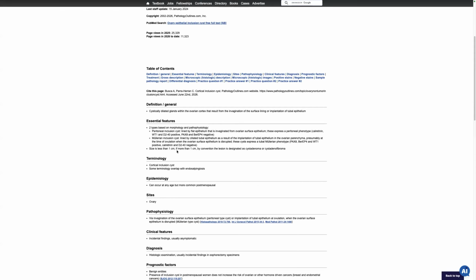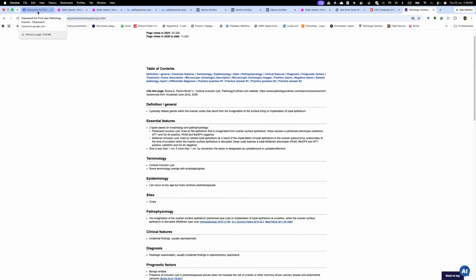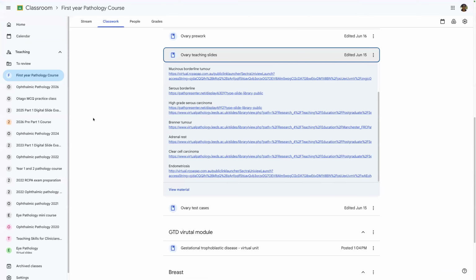If it's less than 1 centimeter and it's a Mullerian inclusion cyst with the cilia, then we just call it a Mullerian inclusion cyst. If it is more than 1 centimeter, we call it a cystadenoma, or a cystadenofibroma if it is complicated. So that is the 1 centimeter rule. Two entities that are really the same have the same name.